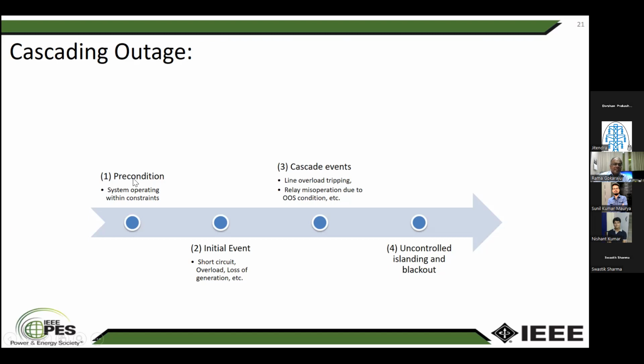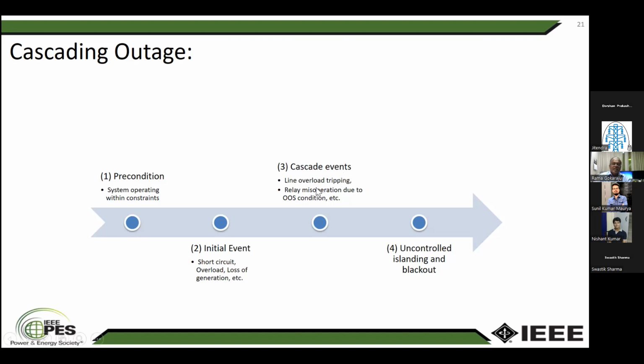We had a precondition, a system operating within constraints, and then an initial event. We created an event on the system, like a short circuit, overload, or loss of generation, that became the second stage. Third is creating this cascading event.